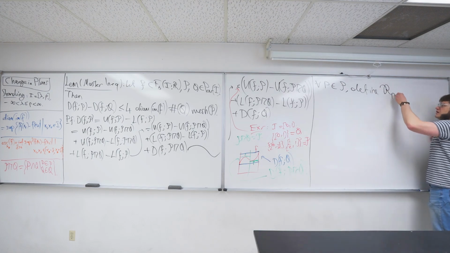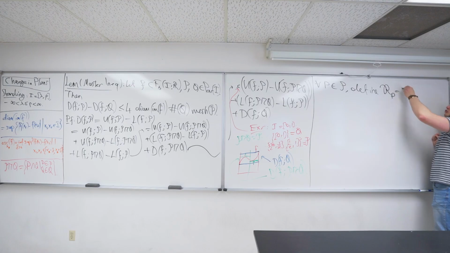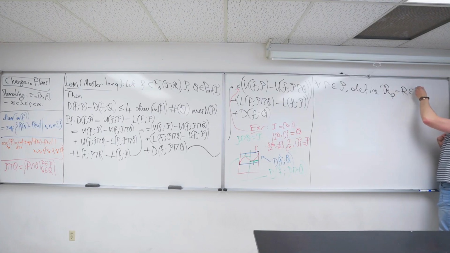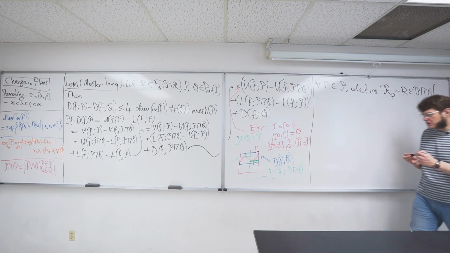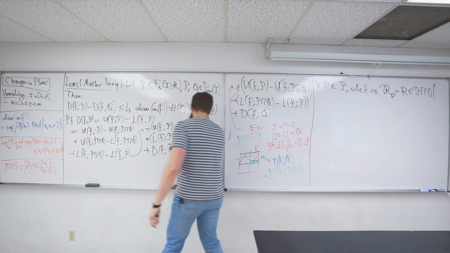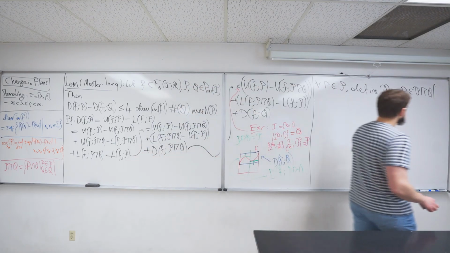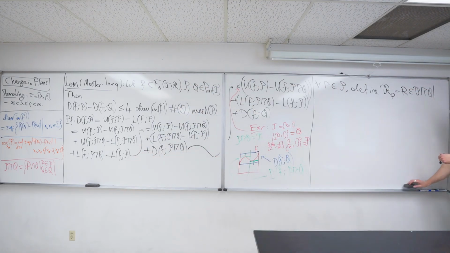Define R sub P to be the pixels in the coarsest common refinement such that R is within P.